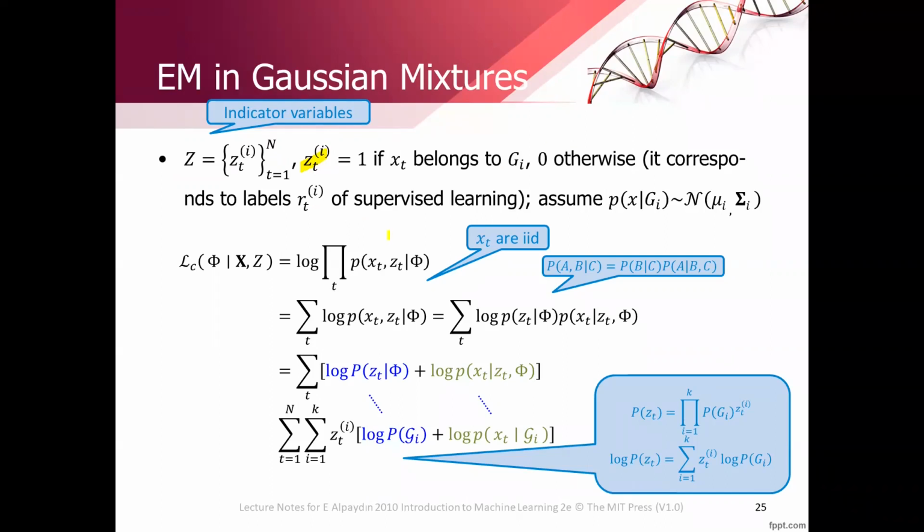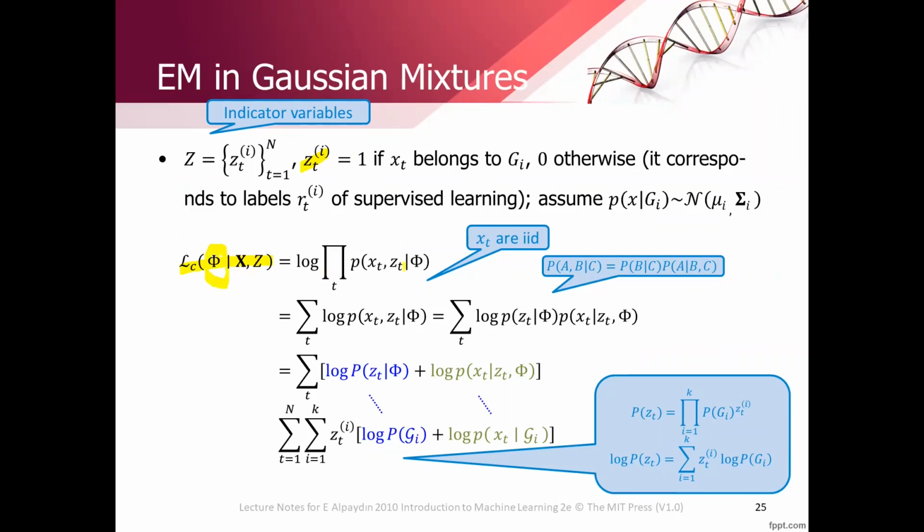But in case we allow assignment which is not crisp, then these values need not be 0 and 1, and we need to compute the log likelihood of a given set of parameters, capital Phi, if we know x and z.